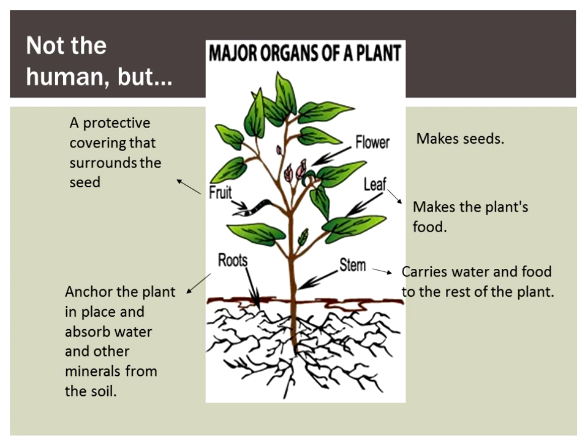So where the seeds are made. Some plants, including flowering plants, have fruit, and fruit is just a protective covering around the seed, which is involved in the reproduction. The leaves are a major part, and that's where photosynthesis takes place.